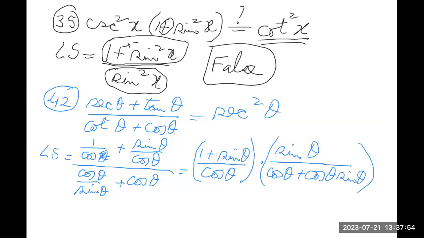I've first combined these two using a common denominator of sine theta. So the first numerator remains cosine theta. The second one becomes sine theta cosine theta. And then when you take the reciprocal of this, you get that. Sorry, this is theta.